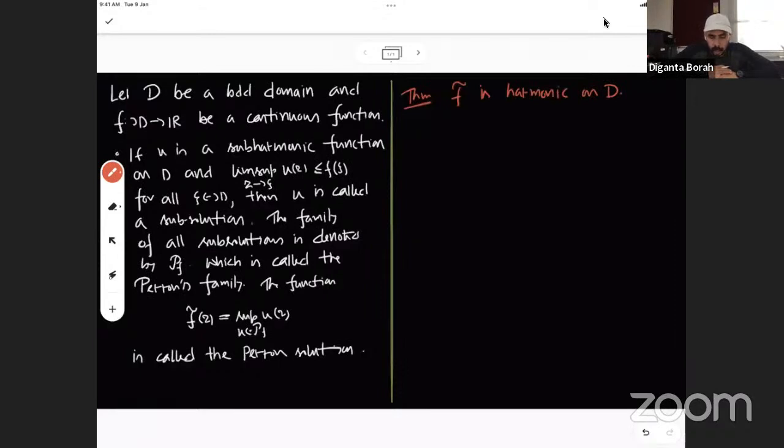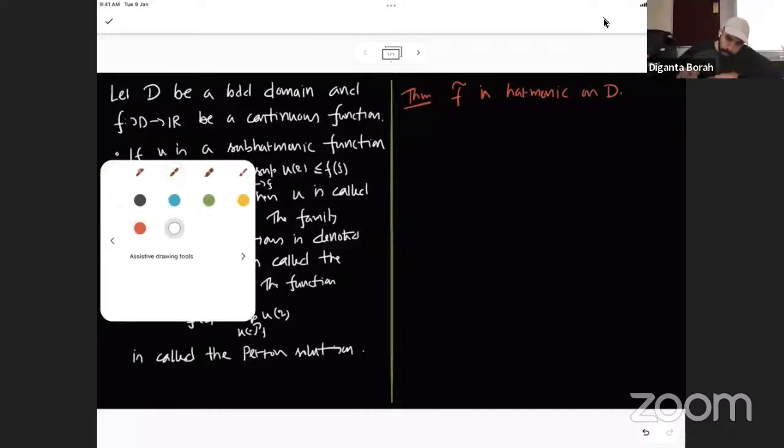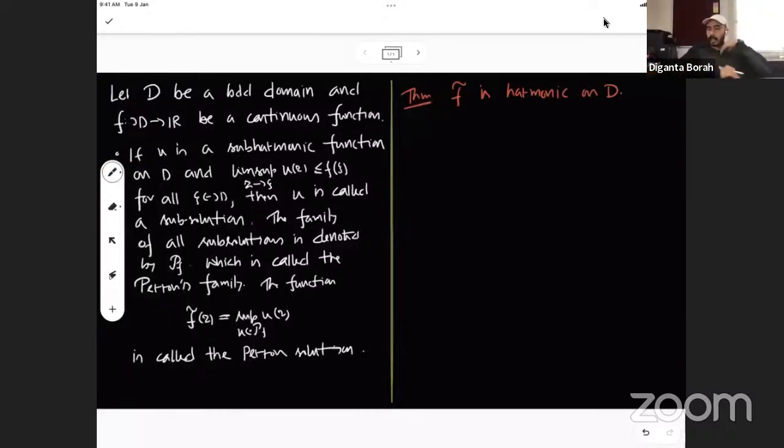So the only thing that can go wrong is that it may not achieve the boundary data that you started with. So it may not go to f as z goes to the boundary of D. We will see an example. Okay? But let's first take care of this. The f tilde is always harmonic on D. The proof is delicate, so we'll proceed step by step.